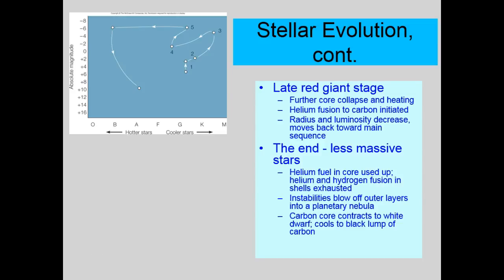It doesn't make a lot of sense why the radius decreases, except now you've got a lot of mass pulling it back in, but the luminosity decreases. It moves back toward the main sequence. So this may be back in the main sequence again. I don't know. It could be. Hard to say. Could become the main sequence stars again because it's got fusion going on. So it's acting more like a star.